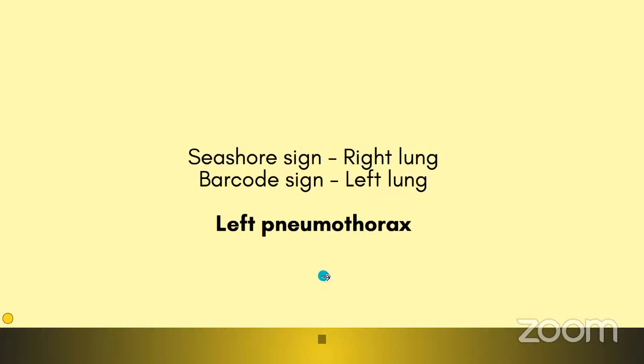This is classically seen in pneumothorax because pneumothorax increases the intrathoracic pressure. So during respiration, it won't even allow the lung to expand and move. So this is the case of left pneumothorax. And in case of trauma, this could be an open pneumothorax or tension pneumothorax, whatever, right?